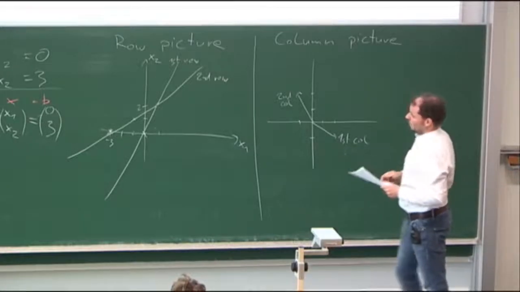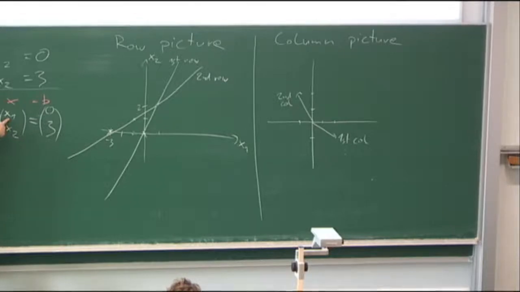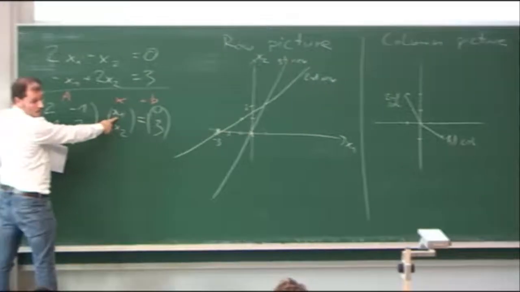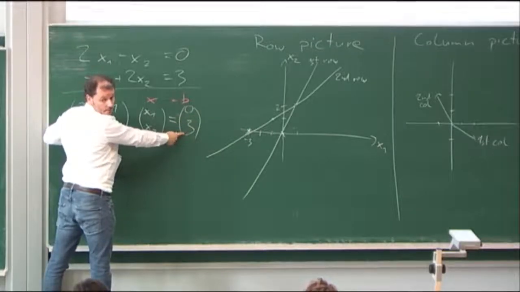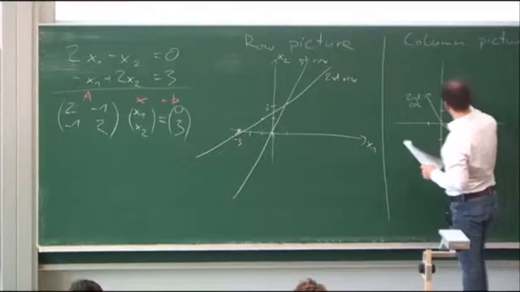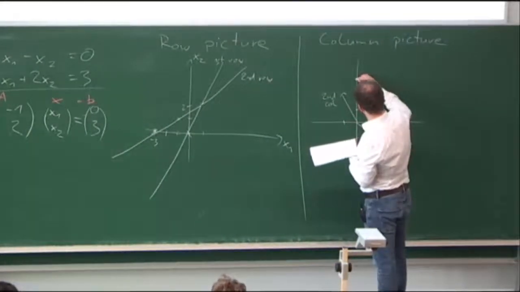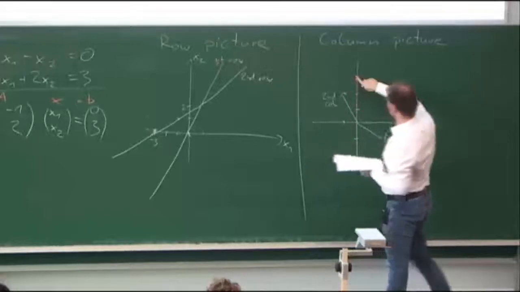And now what this equation asks us is how much do we want of the first column and how much do we want of the second column to give us this point, 0, 3. So we want to get to this point.